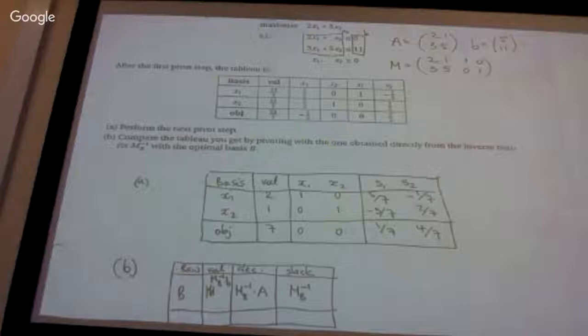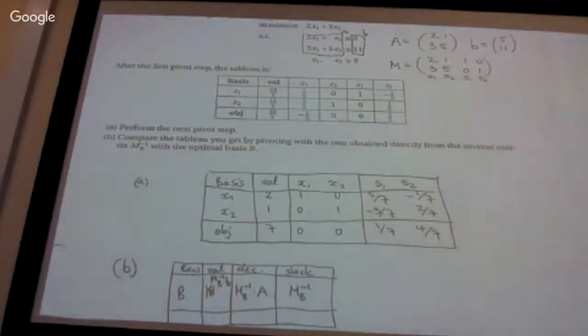Now A and the identity put next to each other is what we call M. So this is 2, 1, 3, 5, 1, 0, 0, 1. And the columns are indexed by x1, x2, s1, s2. So this is just like the simplex tableau that you would write to start the pivoting with in the first instance.